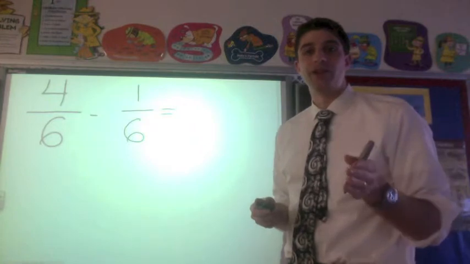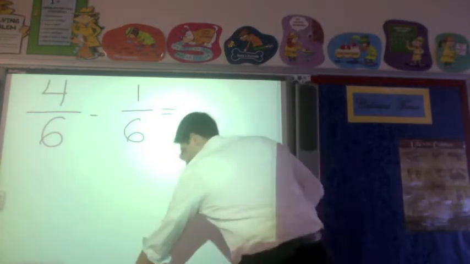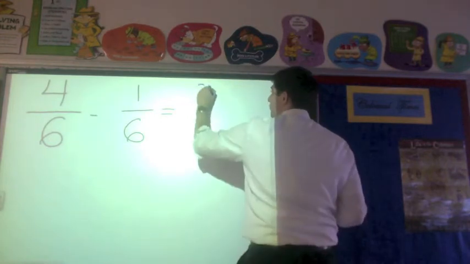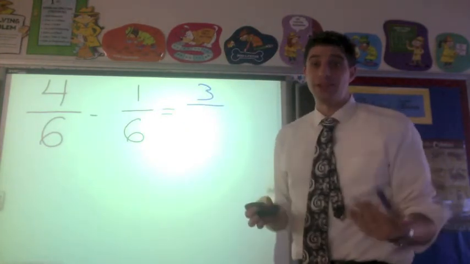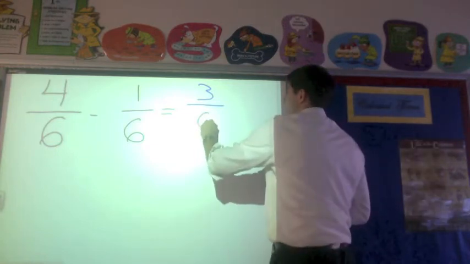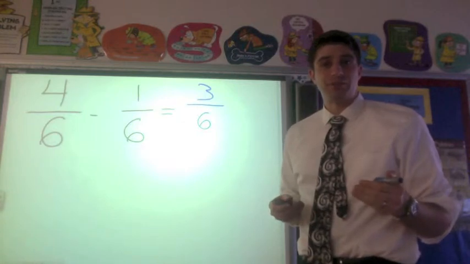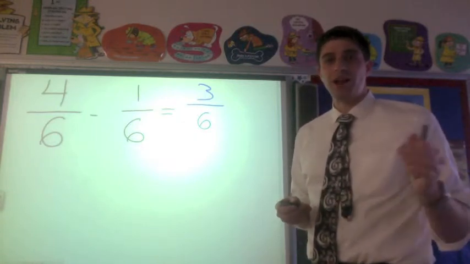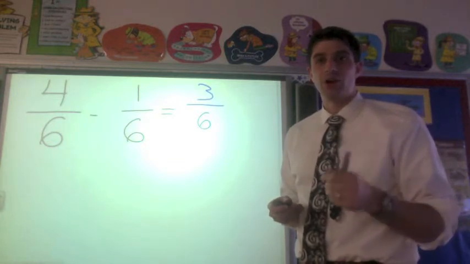4/6 minus 1/6. 4 minus 1 gives us 3. And of course, our denominator stays the same. Our answer is 3/6. But if you're at home and you're saying, wait a minute, Mr. D, we can simplify that, you're 100% correct.